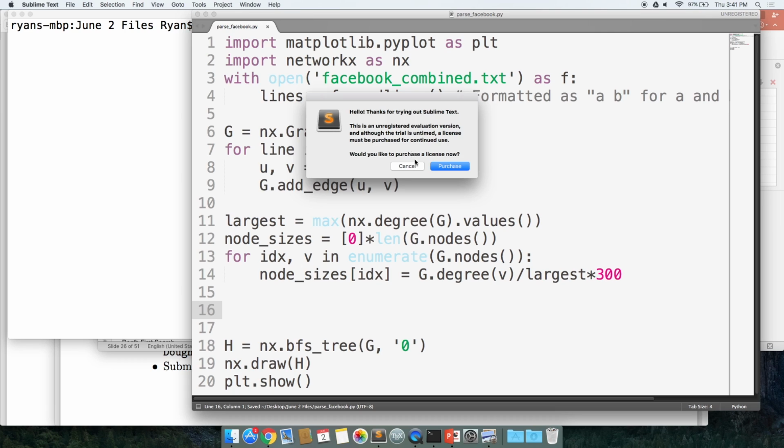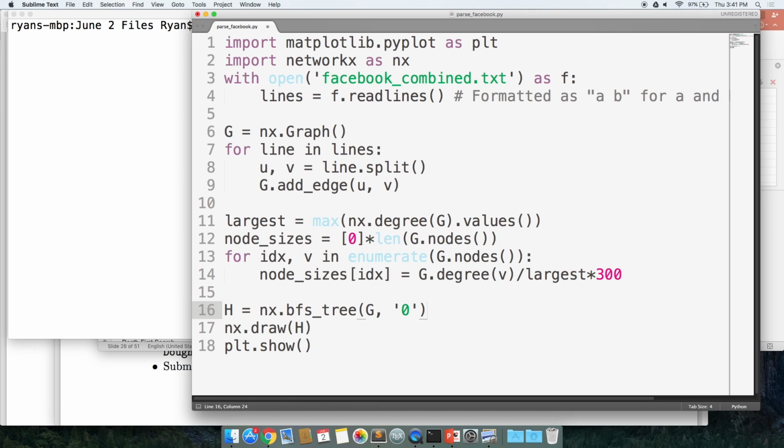I'm going to do this BFS tree again. So I'm going to be plotting this directed graph now from the starting vertex 0, and then it's just going to branch out from there. I want to now feed this list, node sizes, which is the size of nodes, to my plotting function.